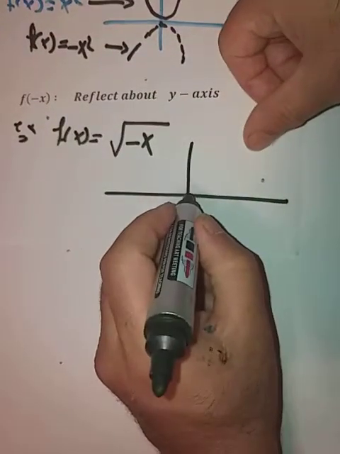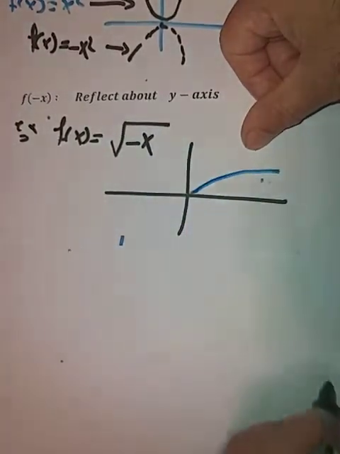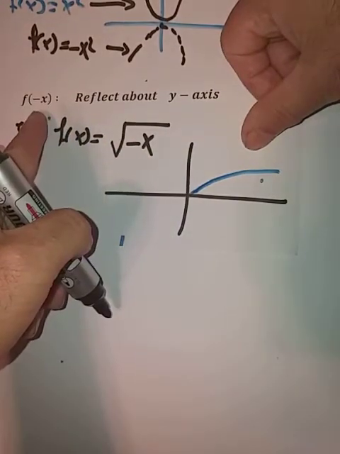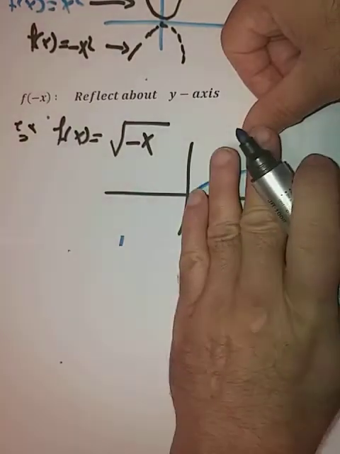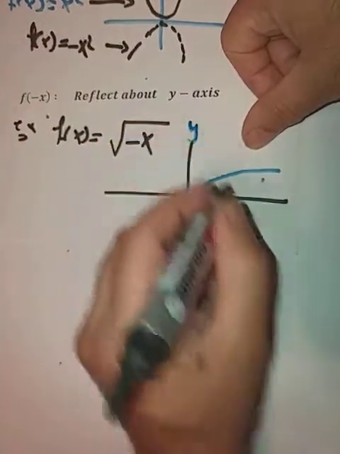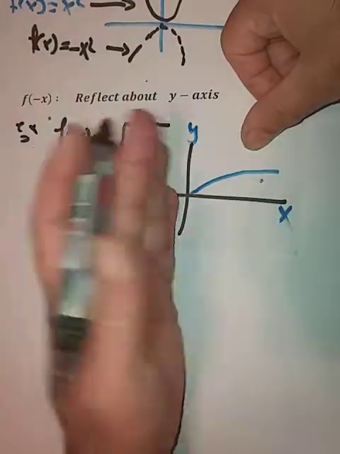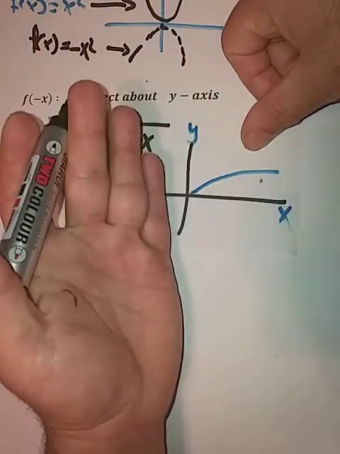Radical x, this is radical x. But we have minus inside the bracket, under root, then reflect about y-axis. This is y-axis and this is x-axis, the horizontal. About y-axis, if the negative inside, about y-axis.